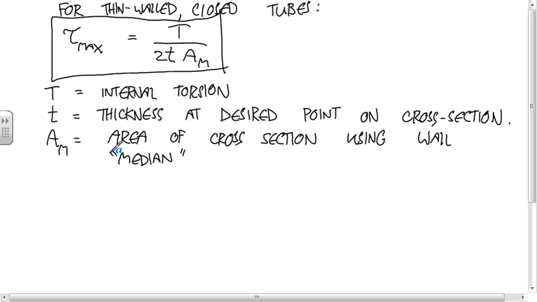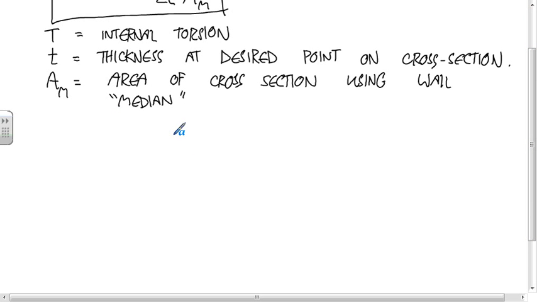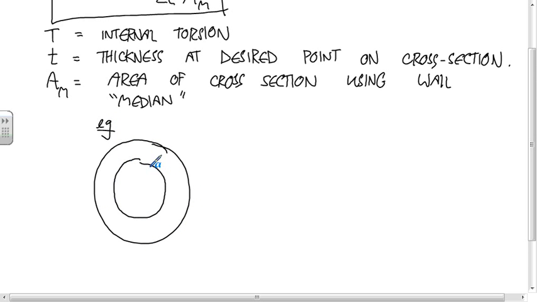So for example, if you had a shape like this, if this is your cross section, then the area that you want, you just define a curve that goes through the middle of the wall the whole way around, and then this is the area that you want.